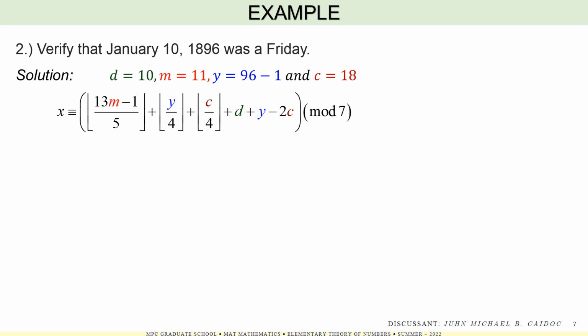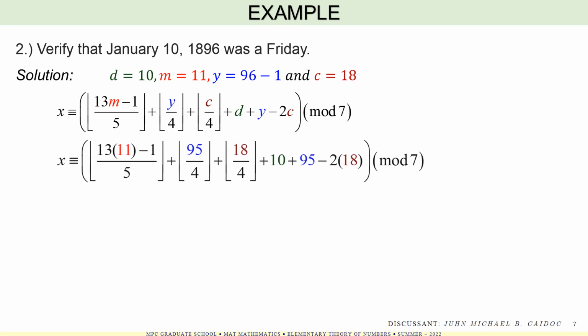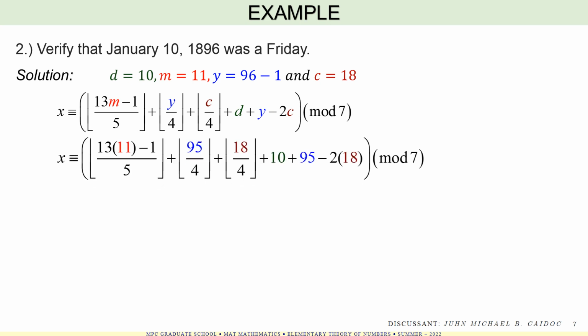Again, by substituting the given values, we get x is congruent to the floor value of (13 times 11 minus 1) over 5, plus the floor value of 95 over 4, plus the floor value of 18 over 4, plus 10, plus 95, minus 2 times 18, modulo 7.